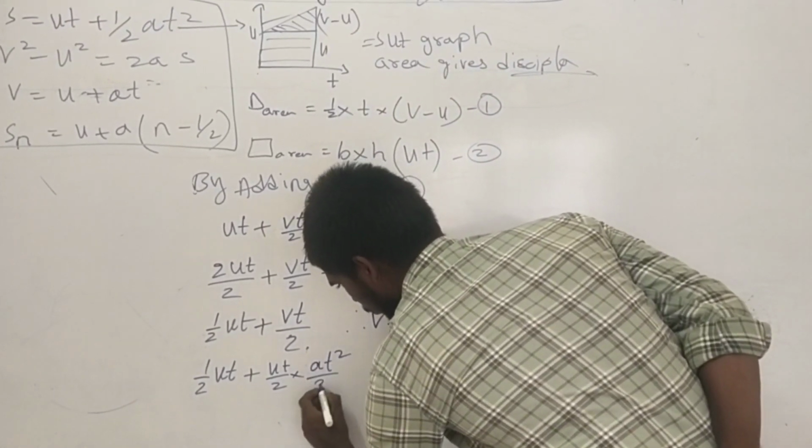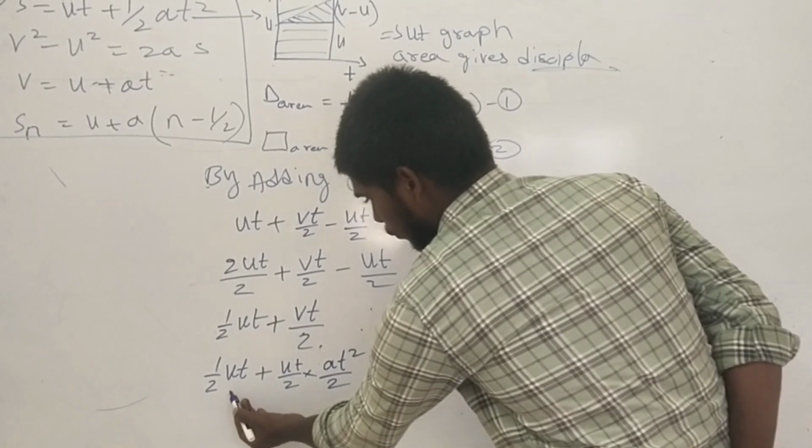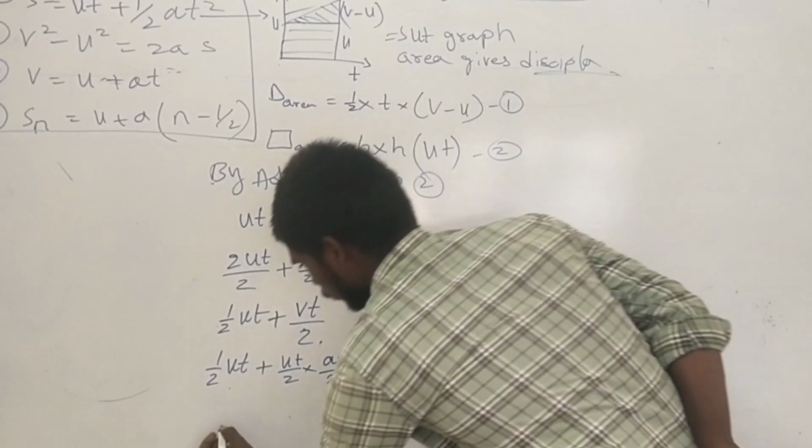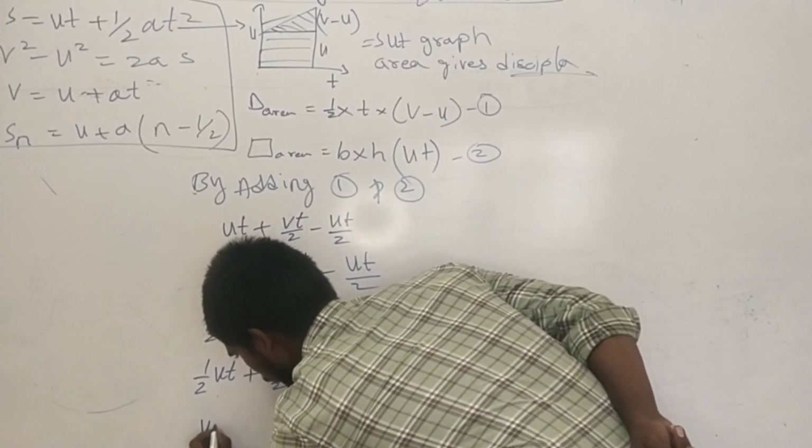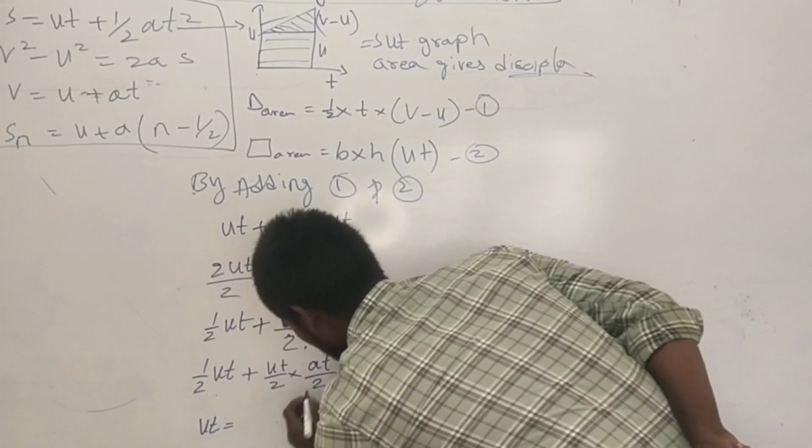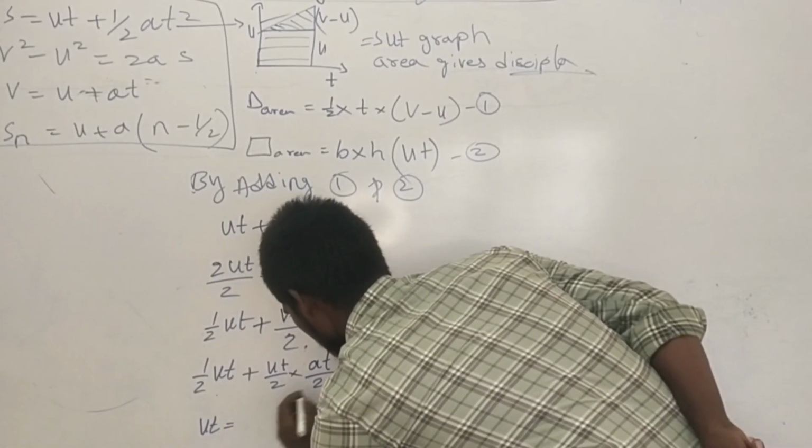Half ut and half ut can be written as full ut, plus half at square.